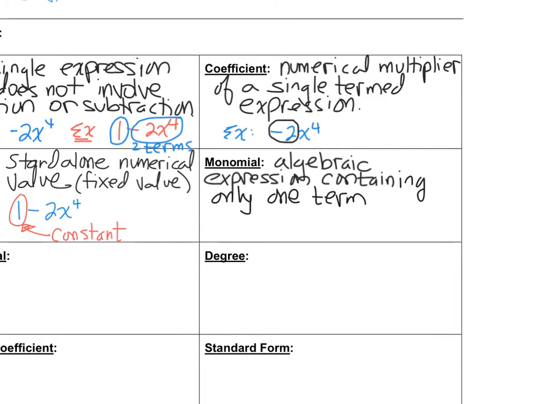So the example that I used for constant would not be a monomial because there's two terms. The constant represents one term, and the negative 2x to the fourth would represent a second term. So a monomial is negative 2x to the fourth, not 1 minus 2x to the fourth.